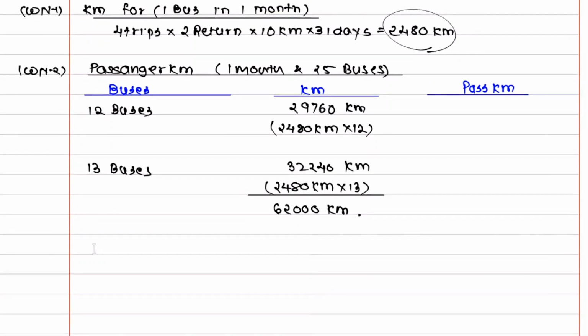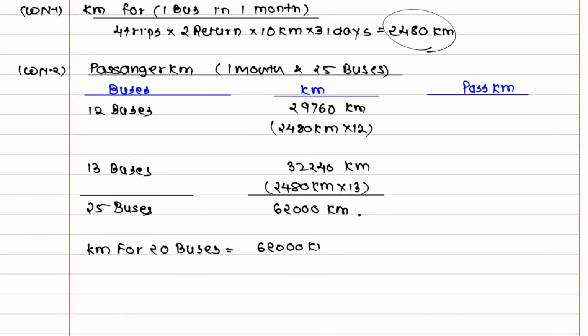So kilometers for 20 buses, because at a time 20 buses will run. What you have got is for 25 buses, 62,000 kilometers. If I multiply by 20 buses and divide by 25, you will get the answer.